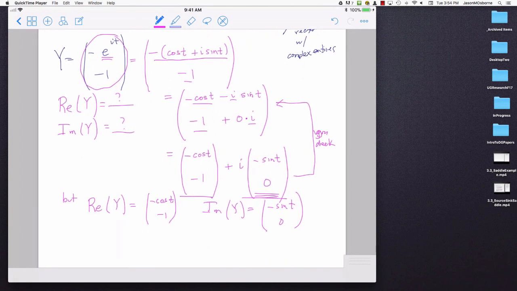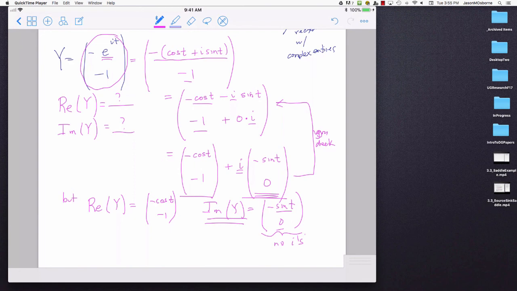And as in our other example, even though it's called the imaginary part, there are no i's here. You factored out the imaginary number, and the imaginary part of the vector y is a vector that has no imaginary numbers in it.